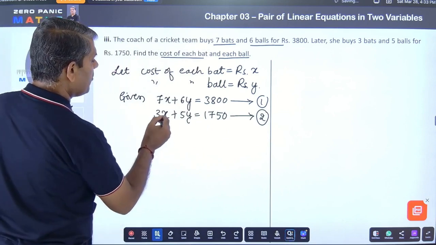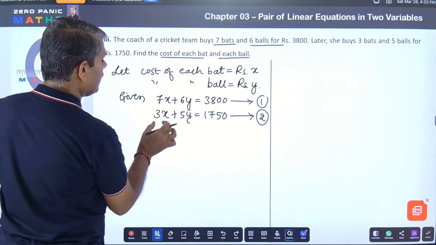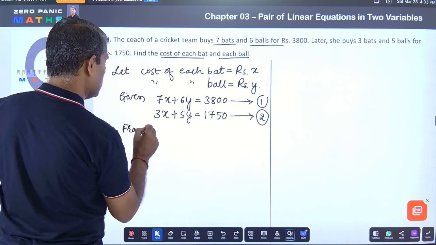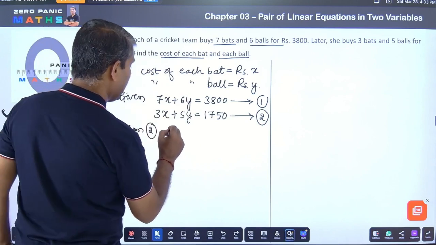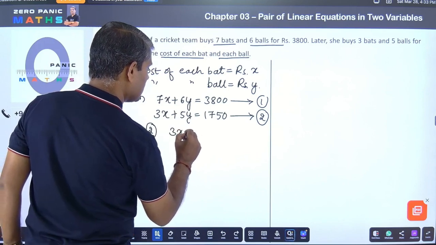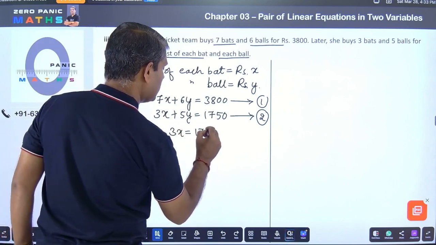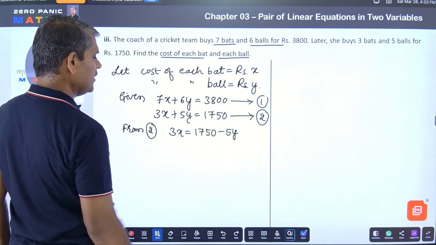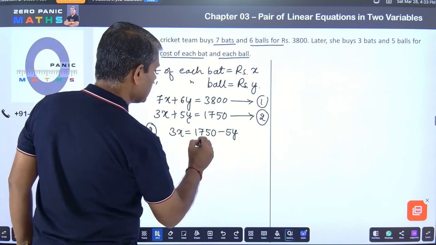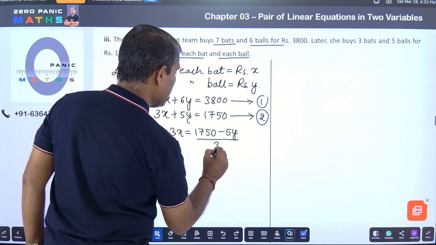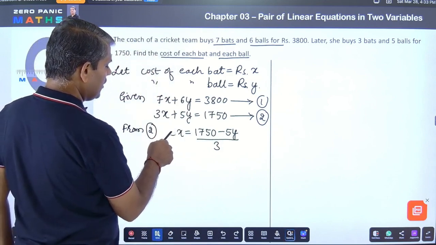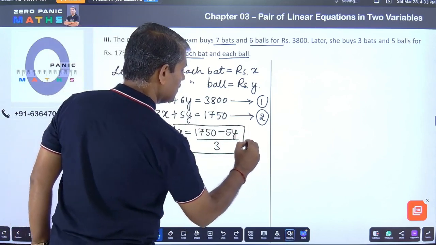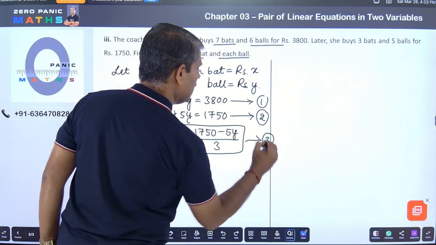Now from equation 2 I can find out the value of x. So from equation 2, 3x is equal to 1750 minus 5y, or else I can directly say x is that divided by 3, by removing 3 from here. Is it fine? So this is equation 3 for me.